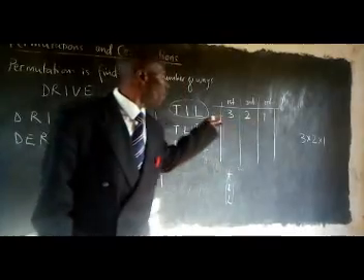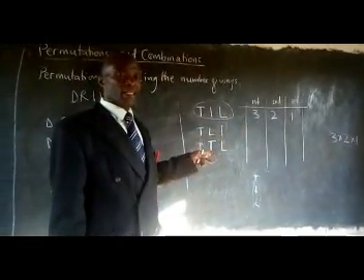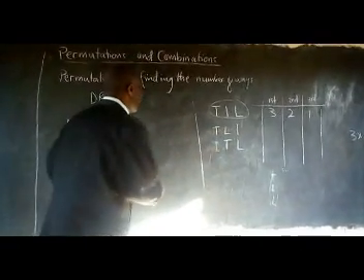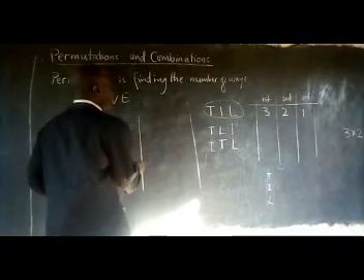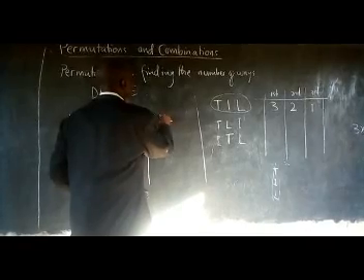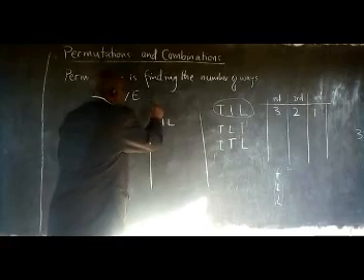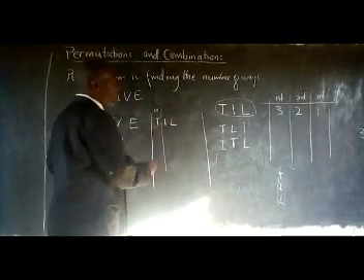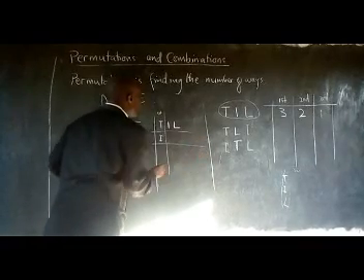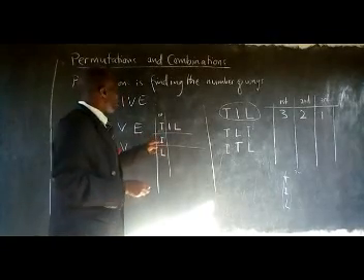Very many people confuse that area. I want to demonstrate again that area. For the sake of emphasis, I'm saying if you have got 3 letters T, I, L, if the first is a T, another possibility, the first can be I. Another possibility, the first can be L. All these are possible forms.